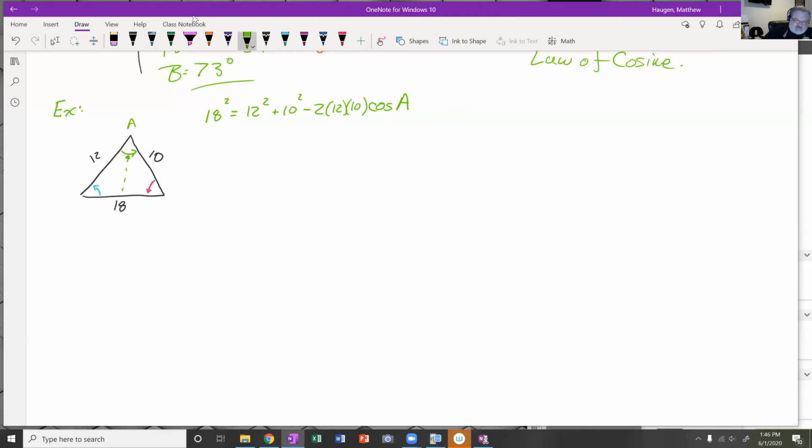So use that to solve for A. I'll give you a couple of minutes, give you 2 minutes.